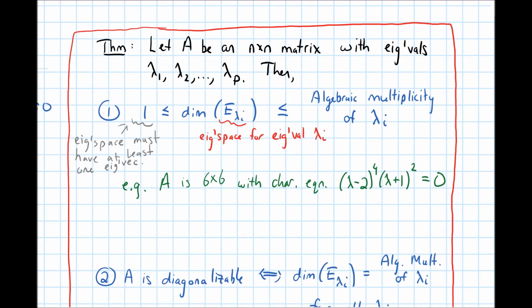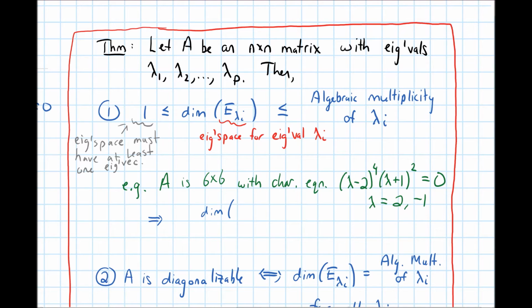Okay, so what this theorem is saying is, if we look at the dimension of each of our eigenspaces, first, let me write down what the eigenvalues are. We have lambda equals 2, and lambda equals -1.